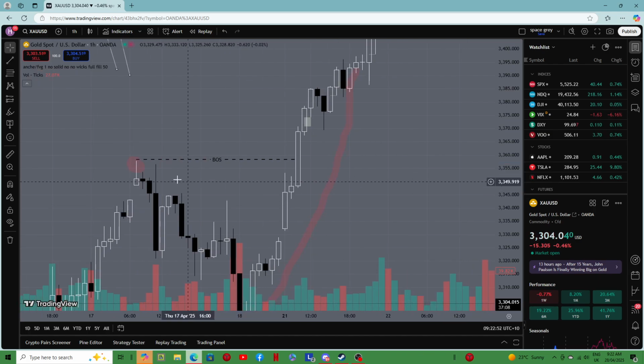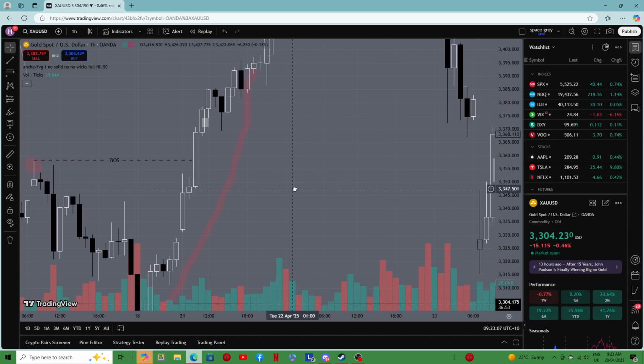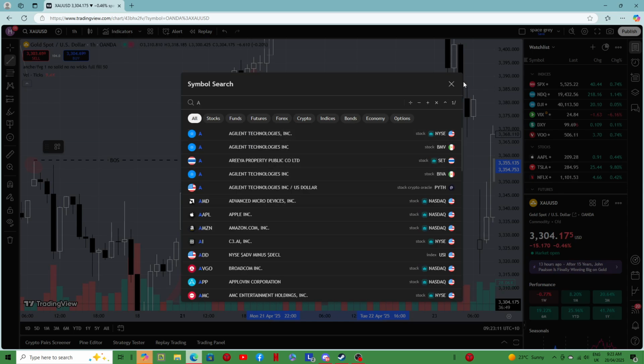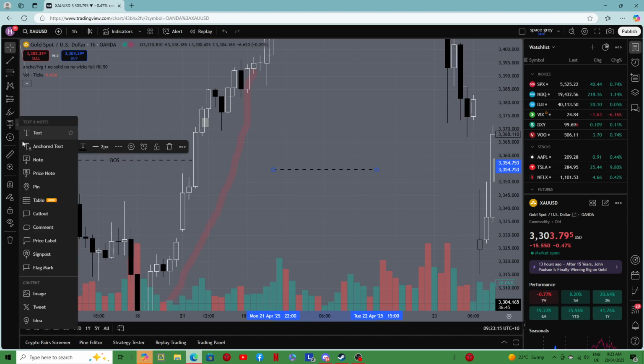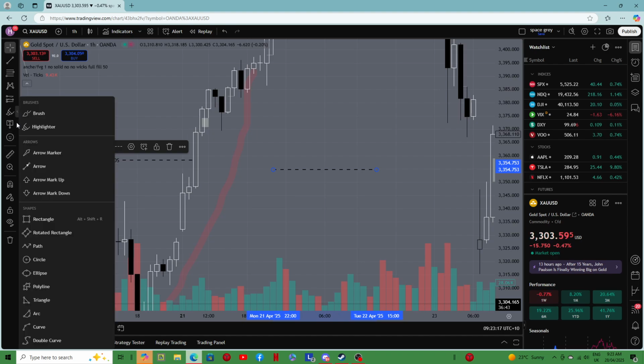So now we're going to look at this. This is the highest point, and we're going to see how much of the candle has been consumed by this break of structure. So there's my rectangles.